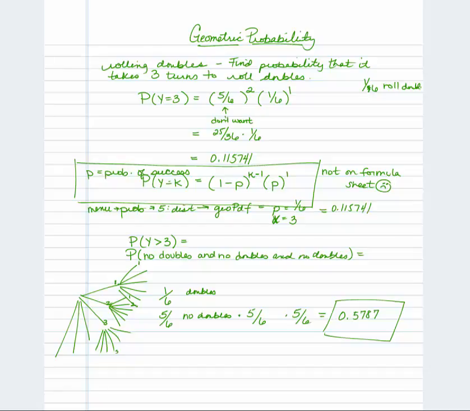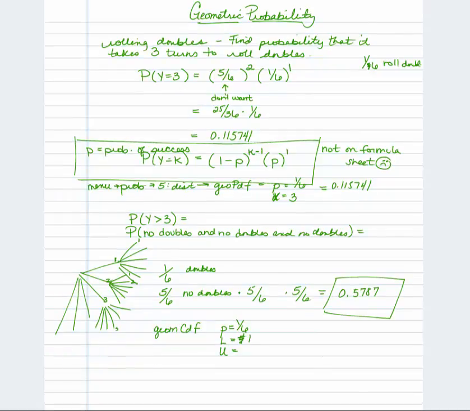Let's try it with this one down here. I believe this would be the geometric CDF, so you have to scan down 1 extra. It asks you for your P, which is my probability of getting doubles, 1/6. My lower bound is 1, and my upper bound is 3.